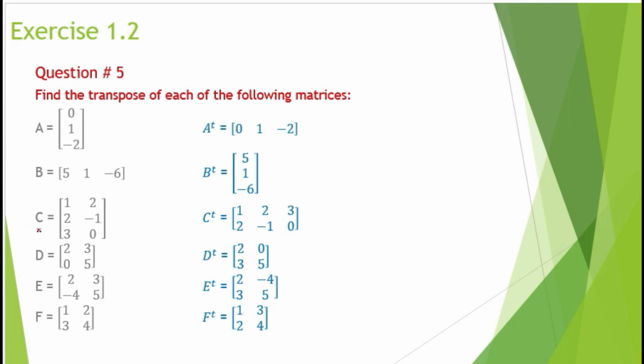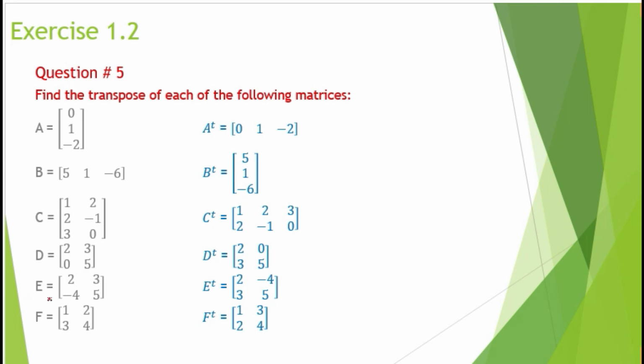Similarly, C transpose is equal to 1 2 2 minus 1 3 0, rows changed into columns. So in D, 2 3 0 5, the first row changes into the first column, so D transpose is equal to 2 3 0 5.